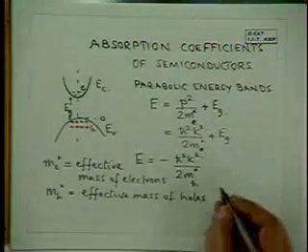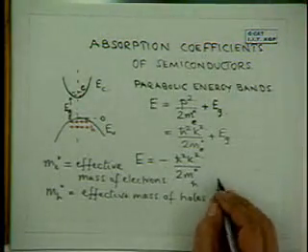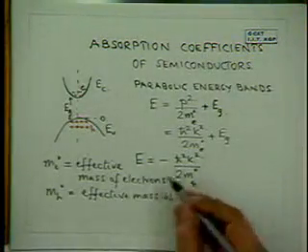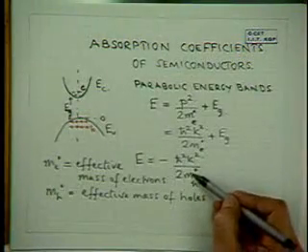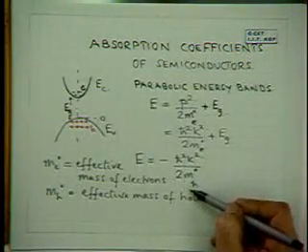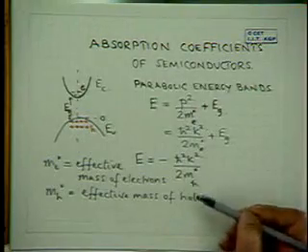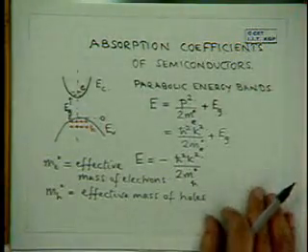These are given as a ratio of the effective mass to that of the free electron.